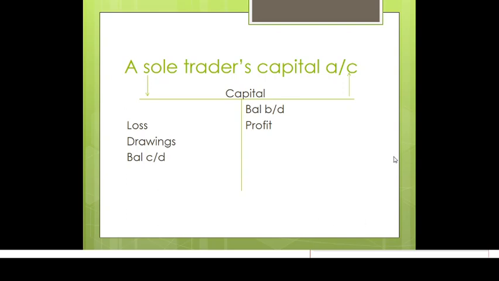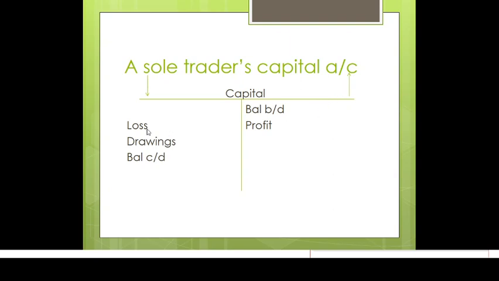Okay, so obviously capital is a credit balance, so you start off with a credit balance on the right hand side. Profit increases the level of investment, i.e. overall capital. Okay, so if a sole trader makes a profit, capital goes up, the overall capital increases.